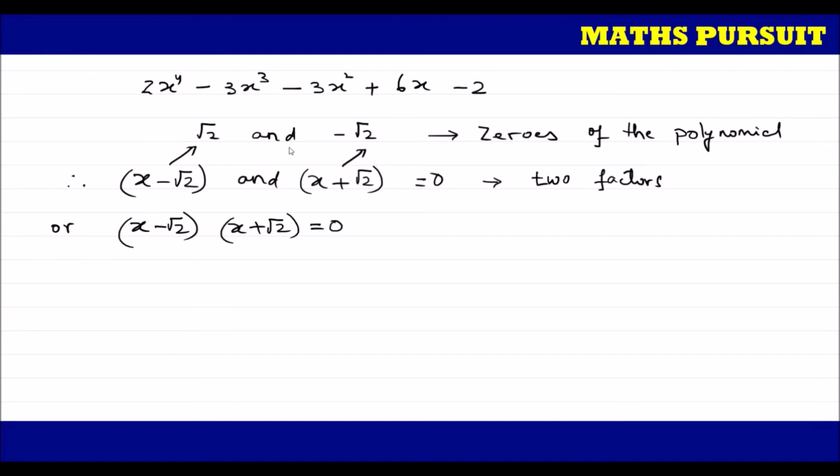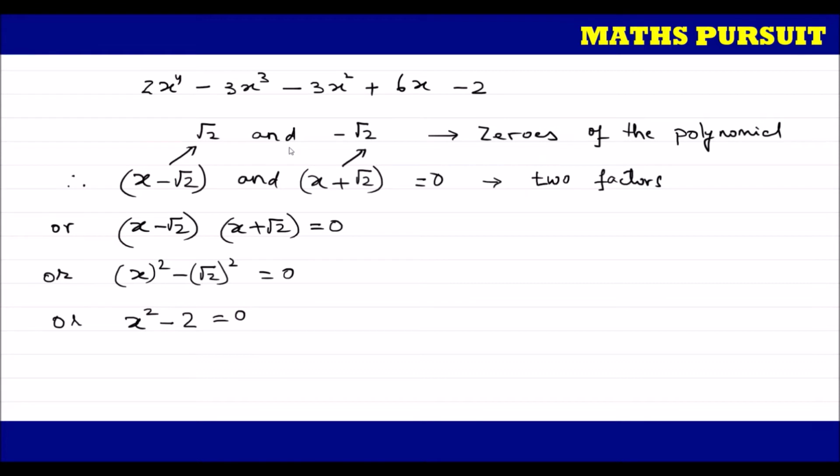Here we got x minus root 2 into x plus root 2. Now guys, this is of the formula a minus b into a plus b, which is a square minus b square. That means x to the power 2 minus root 2 to the power 2 is equal to 0, or x to the power 2 minus 2 is equal to 0.